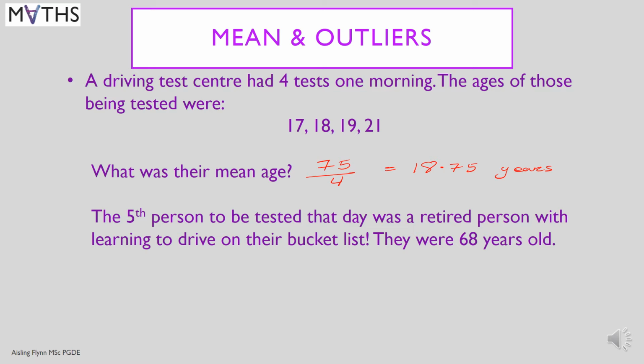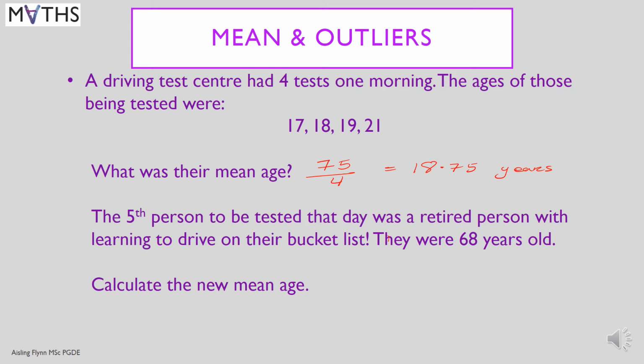Now, continuing. The 5th person to be tested that day was a retired person learning to drive on their bucket list, and they were 68 years old. So this person is very much an outlier, very different to the other people in the group. Calculate the new mean age.